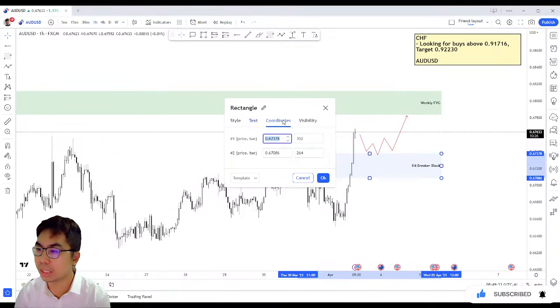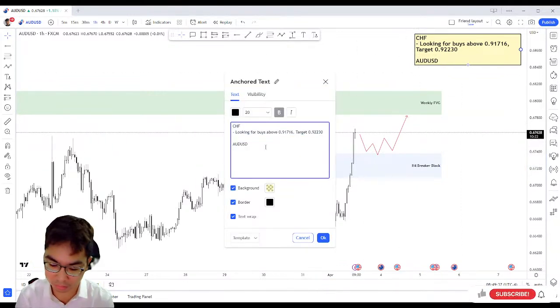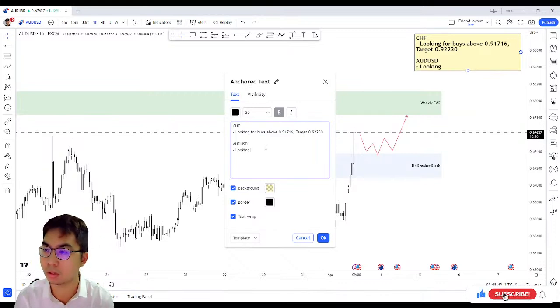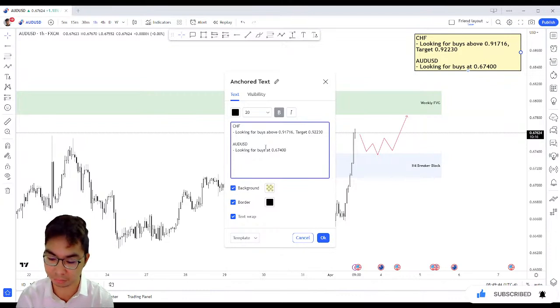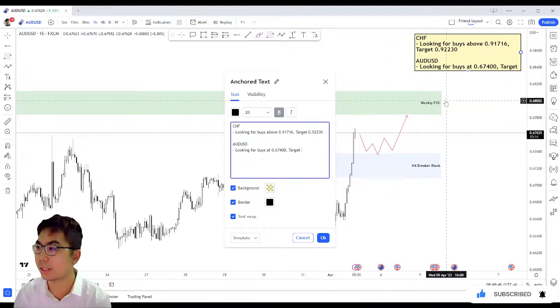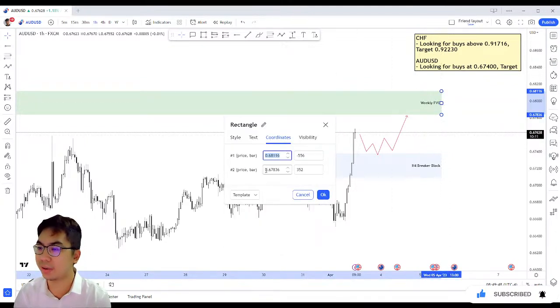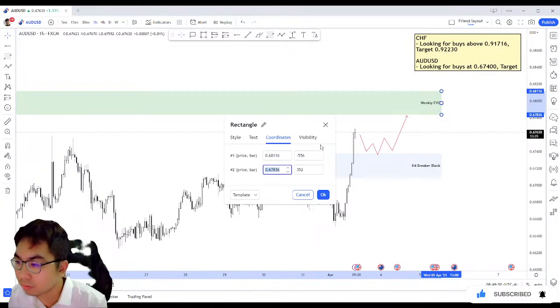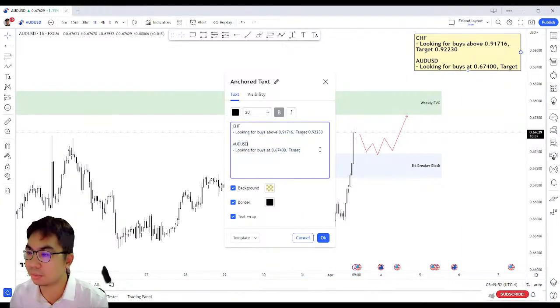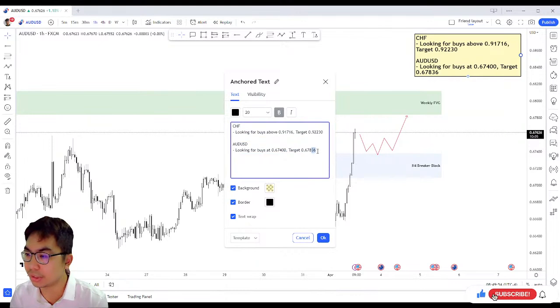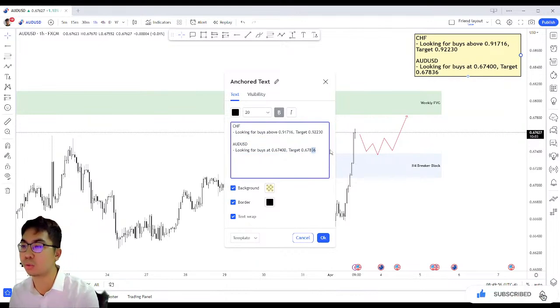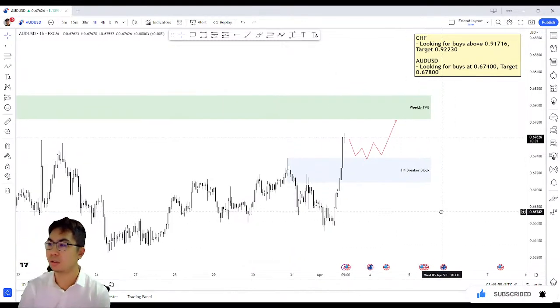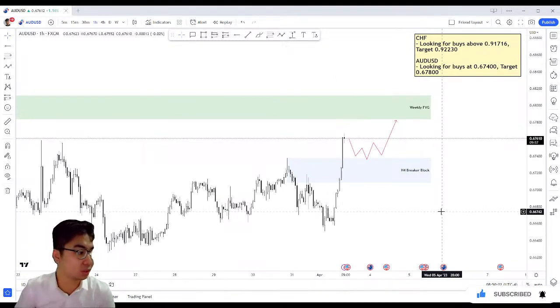So looking for buys around 0.67, at this 400 area. Target at the weekly fair value gap is at 0.67836, so let's round it down to a whole number, 800. This is a setup I'm looking at for Aussie dollar.